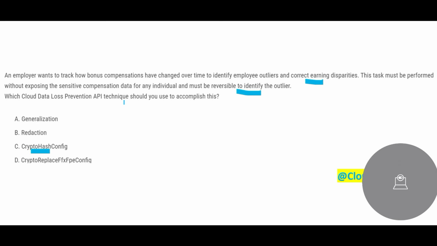Okay, so if I read this question, they are saying the process should be reversible. That means if we have masked the data, I should be able to unmask it also.